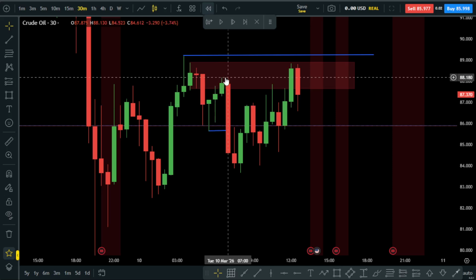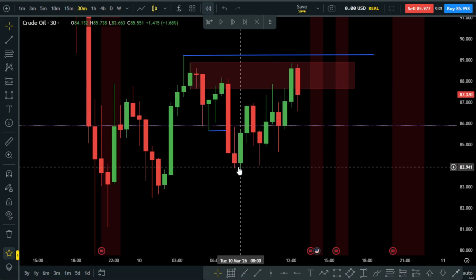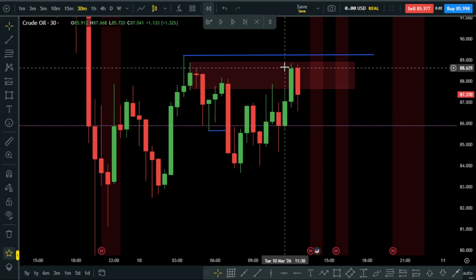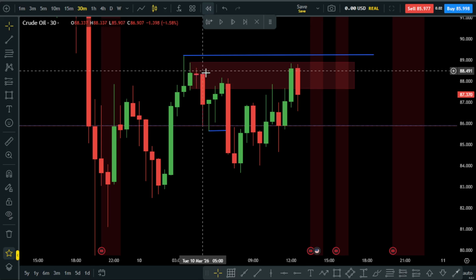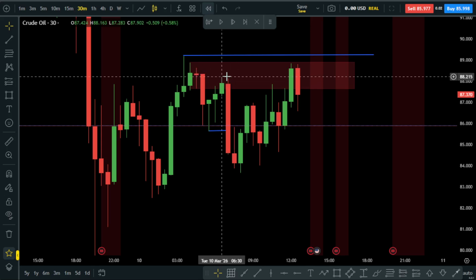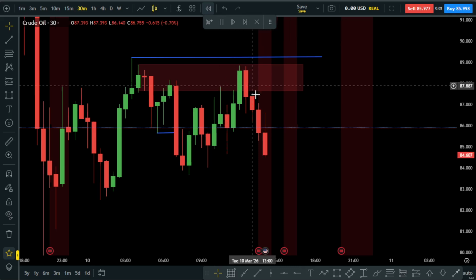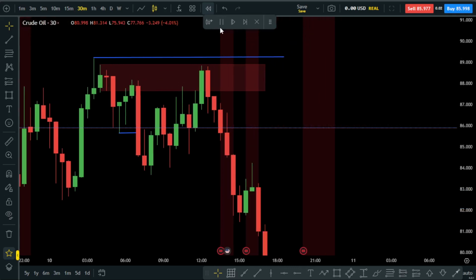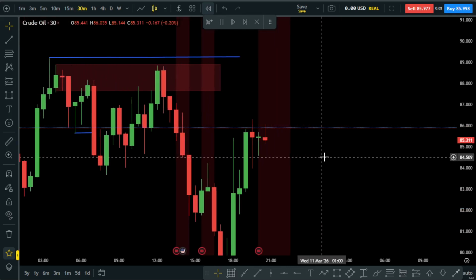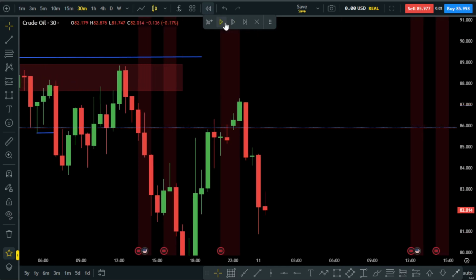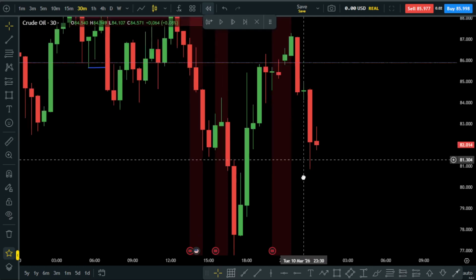People who tried to sell here sold, and then price went back and liquidated them, and see what price did. After tapping into the correct order block, price continued dropping.